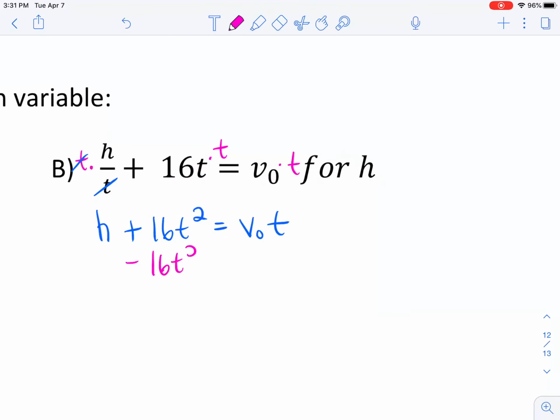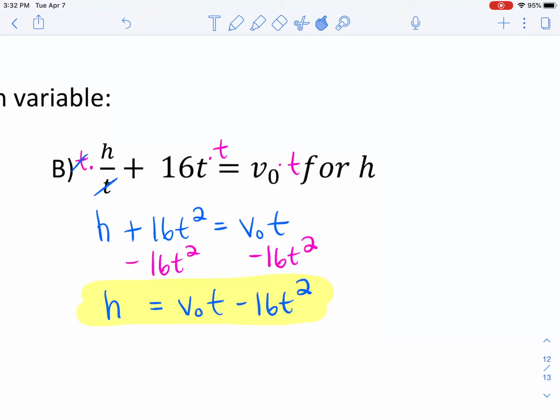So to move that 16t squared to the other side, I want to do the opposite of addition, which is to subtract it to the other side. So what we're left with is h on the left equals v naught times t minus 16t squared. We isolated h. There's nothing else we can do. So that is our answer.